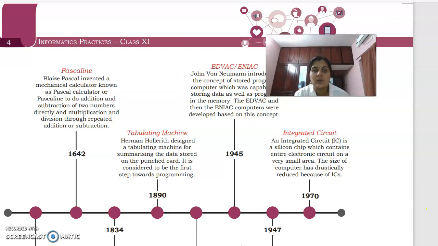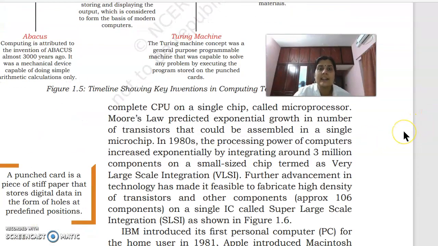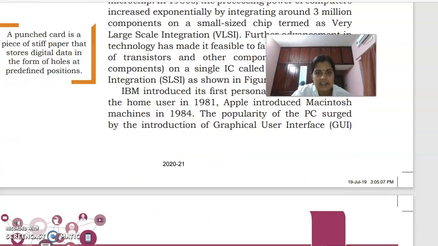An integrated circuit is a small silicon chip, and nowadays we use VLSI and LSI. Then very large scale integration was developed, which is very small compared to LSI. And after that, now we are using super large scale integration, SLSI.